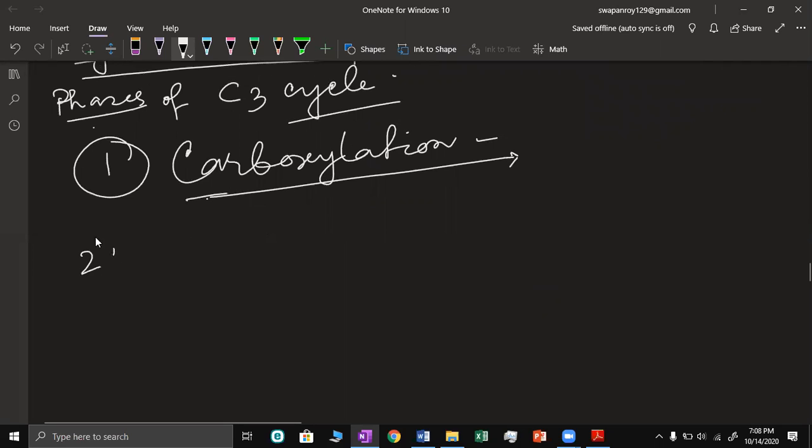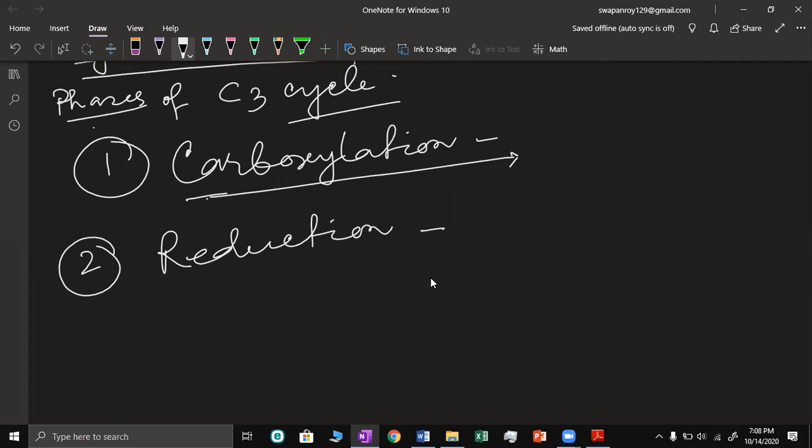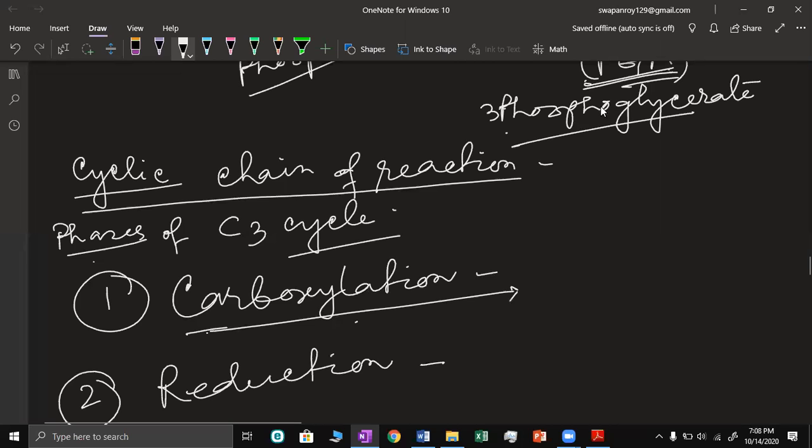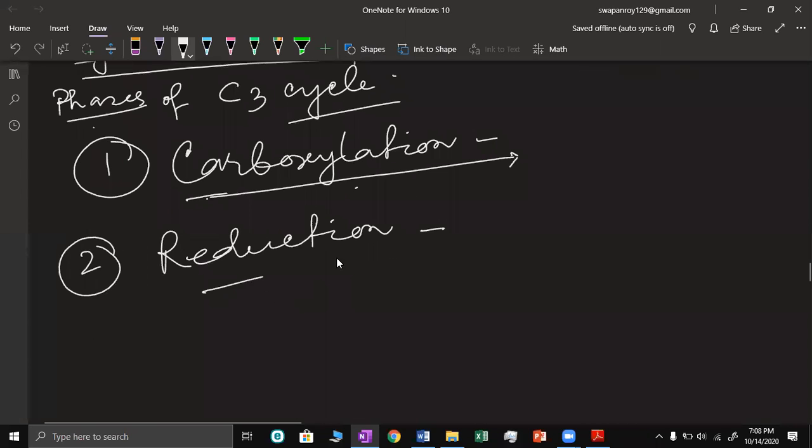Number two, after that, is the reduction. This is the reduction of the phosphoglyceric acid. By carboxylation, phosphoglyceric acid is produced, and in the next step it is reduced to another compound.